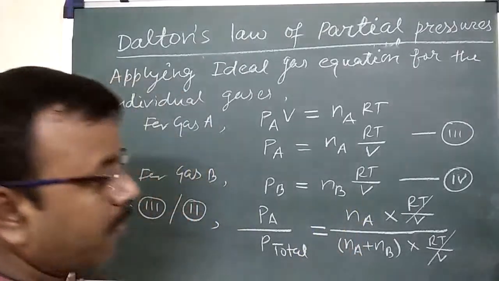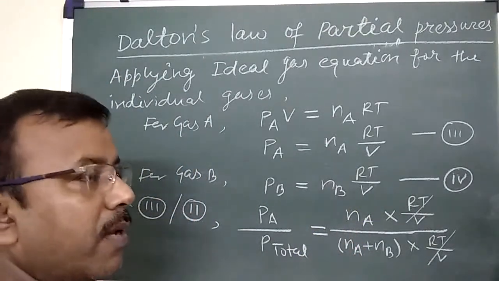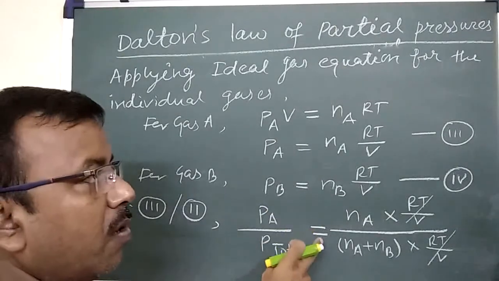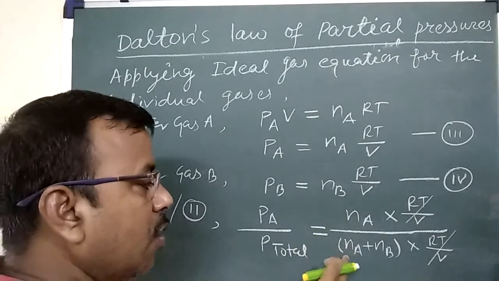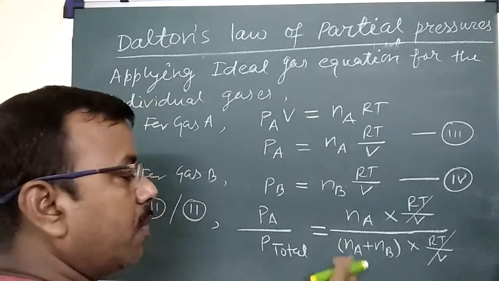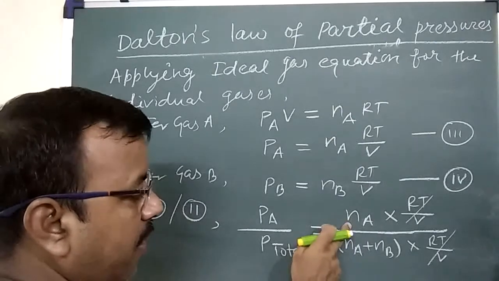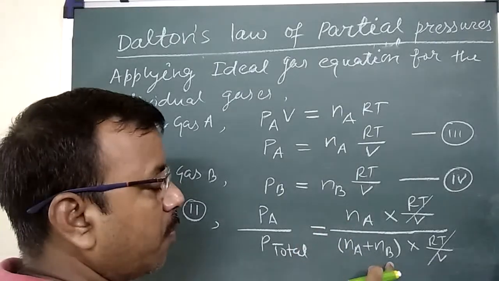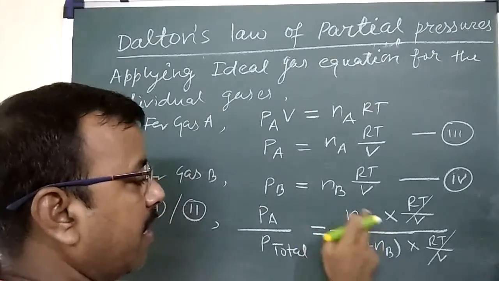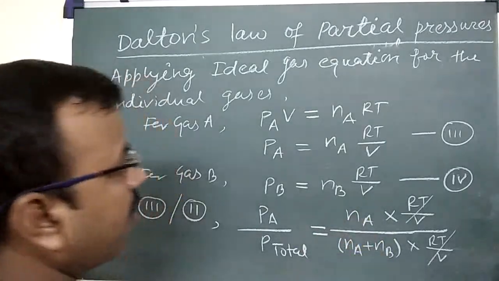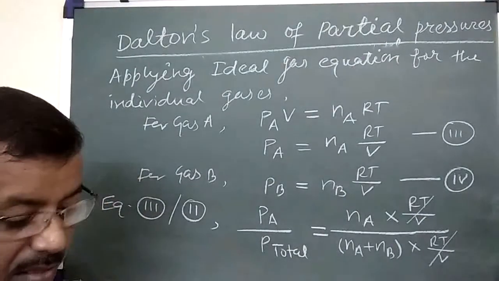Now remember the definition of mole fraction. What is mole fraction? It is the ratio of the number of moles of a component to the total number of moles of the mixture. So this is the number of moles of A, and this is the total number of moles of the mixture. So this will give the mole fraction of A. And you know that mole fraction is indicated by chi.